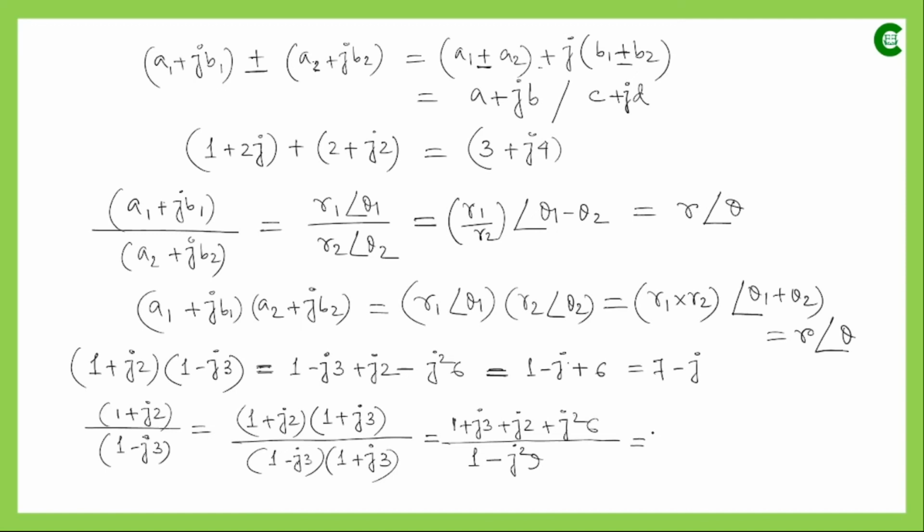Finally, in the numerator, j square itself is minus 1, so it will be minus 6. 1 minus 6 is minus 5, and then j3 plus j2 is j5, divided by, in the denominator, j square again is minus 1, so it will be plus 1. 9 plus 1 is 10. So 5 is common between numerator and denominator, and it will be minus 1 plus j divided by 2.